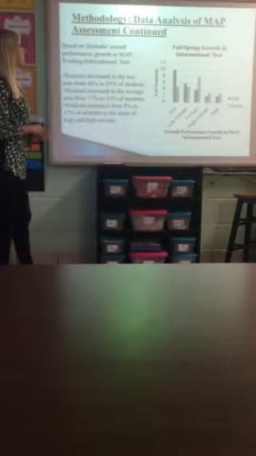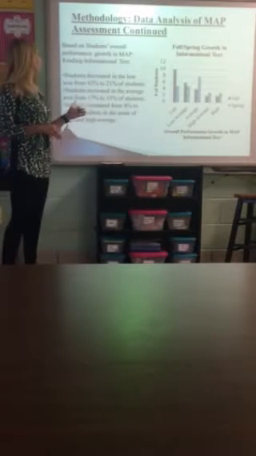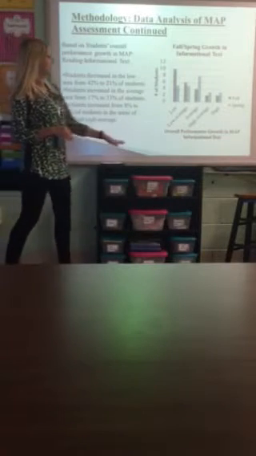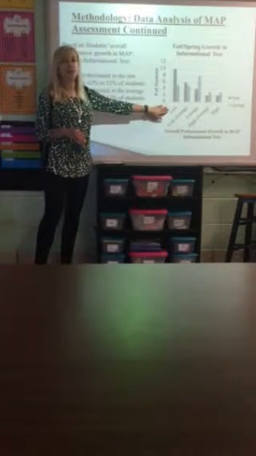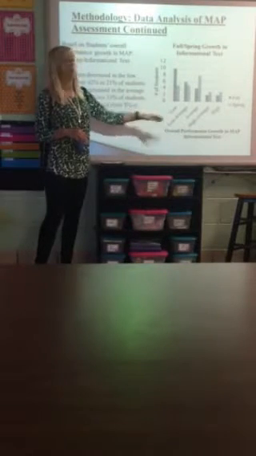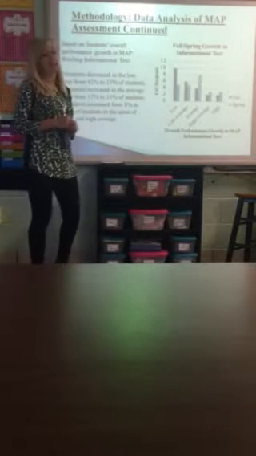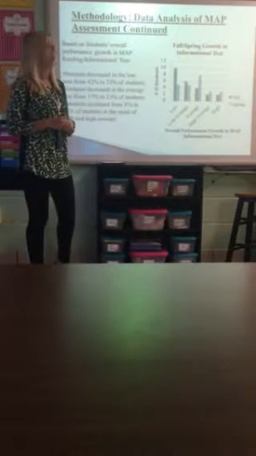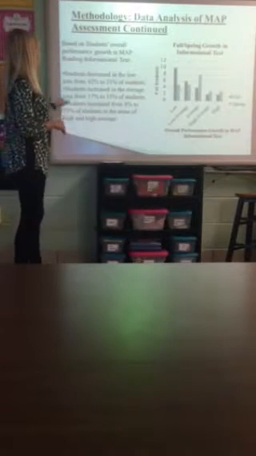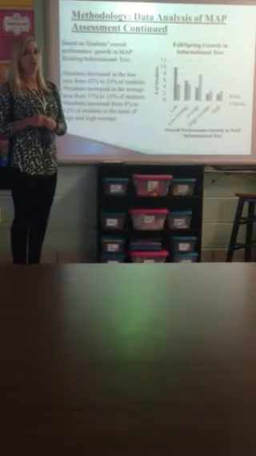I also decided to look at their overall performance growth in MAP in the informational text area. And what this was, MAP gives an area that they put students in. They could be in the low, low average, average, high average, or high. And based on that MAP grouping, I had students that decreased in my low area from 42% to 21%.